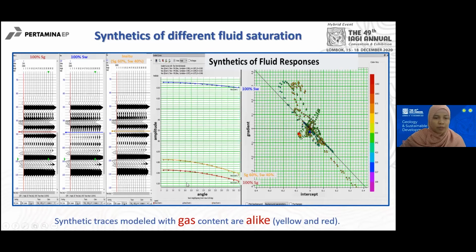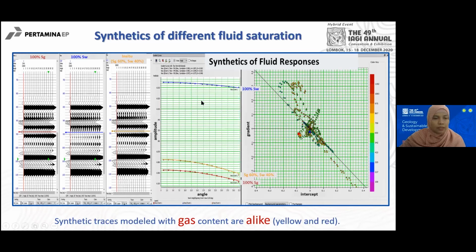We can see the response here that models with gas content tend to have similar response, where they have negative amplitude at the intercept and then getting higher in the far offsets.